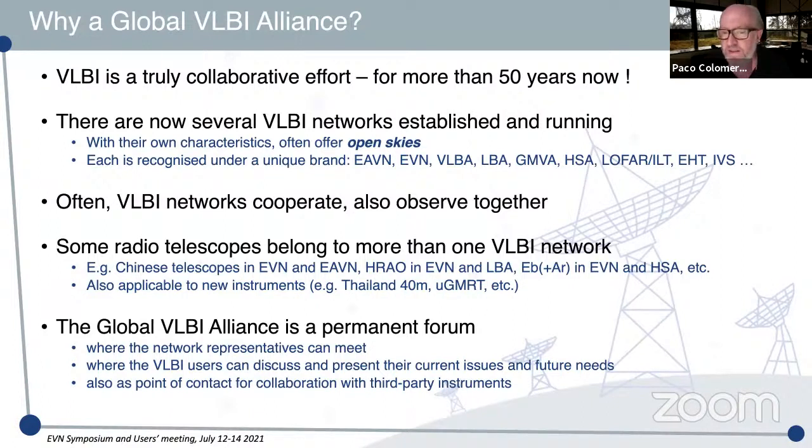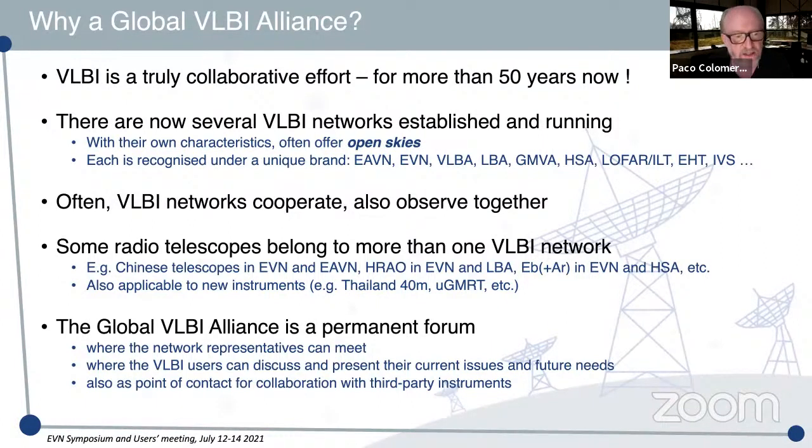The case of Effelsberg and, until recently, Arecibo, which are members of the EVN and also the High Sensitivity Array, the HSA. And that is going to also happen with new instruments under construction, such as the Thailand 40 meter or the GMRT in India, which is now getting VLBI capabilities.